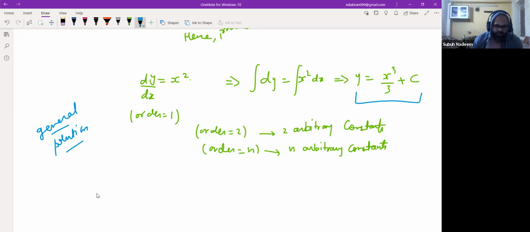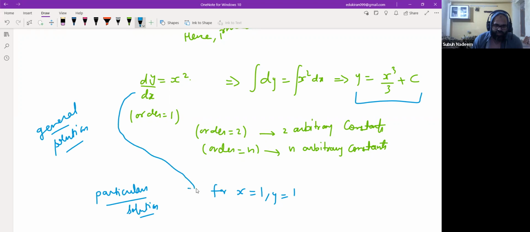But if it is a particular solution, we have generally been given some initial conditions, or some condition, that suppose for x is equal to 1, y is equal to 1. So when you get the final result, you put the condition that y is equal to 1 and x is equal to 1, and you get the value of c that will be 2 by 3.